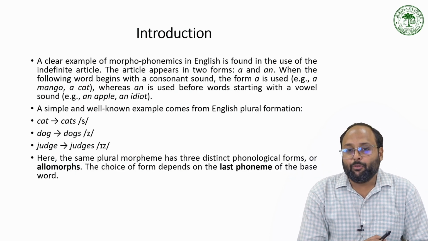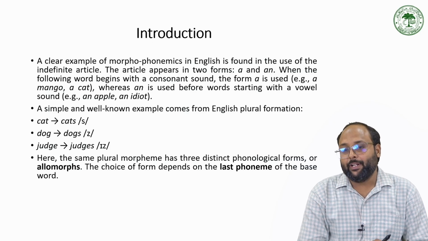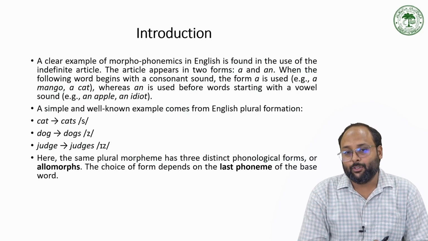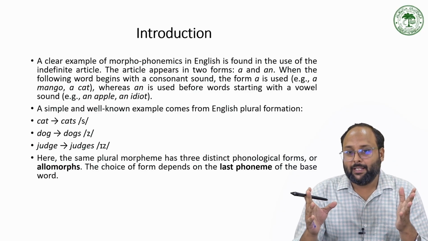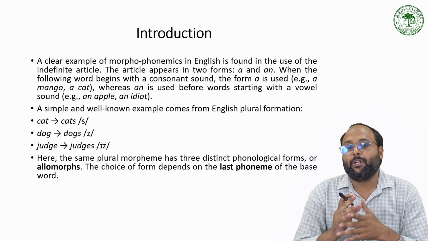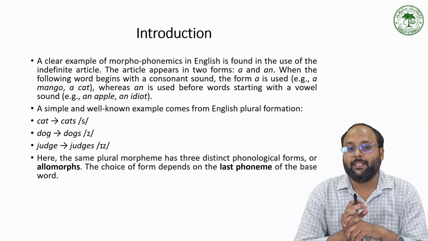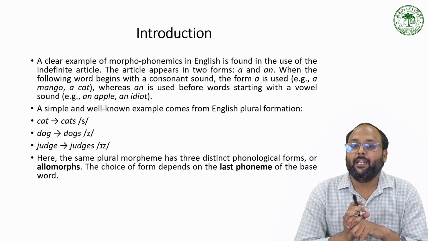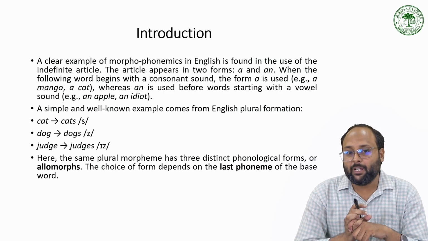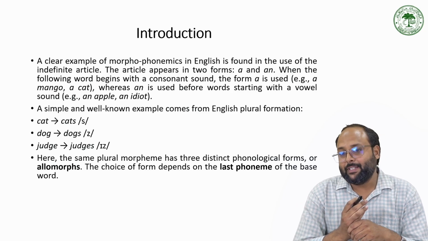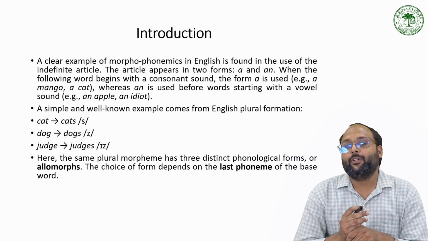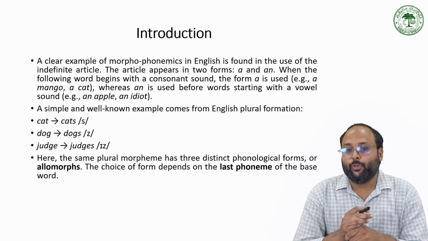A clear example of morphophonemics in English is found in the use of the indefinite article. In English, sometimes we use a, that is the article, and sometimes we use an. We say an apple, an idiot, or we say a mango, a cat, a dog. That kind of differentiation occurs due to the following word.